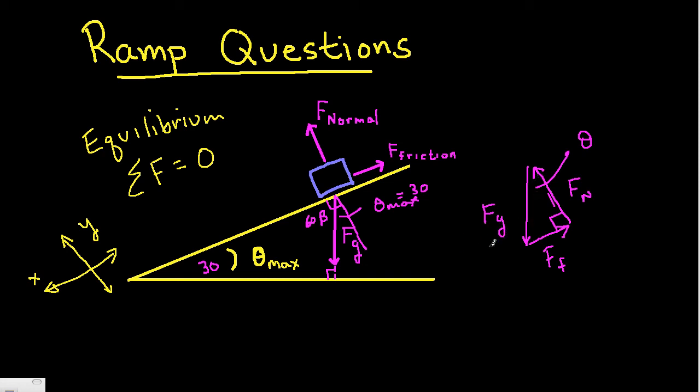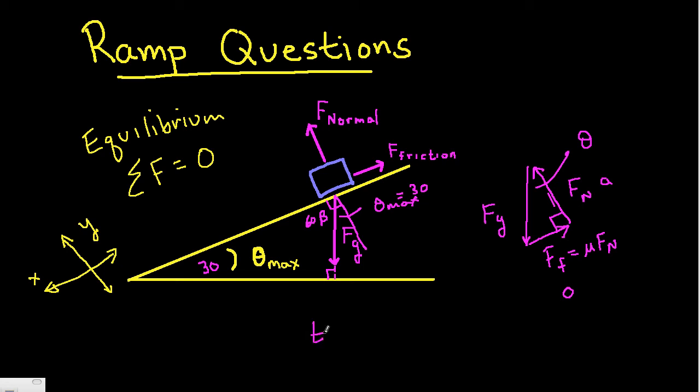So then, if this is in equilibrium, this is the maximum angle, maybe, then we can figure out the coefficient of friction, because FF would be equal to mu Fn. And if that's theta, then this is the opposite, and that is the adjacent.